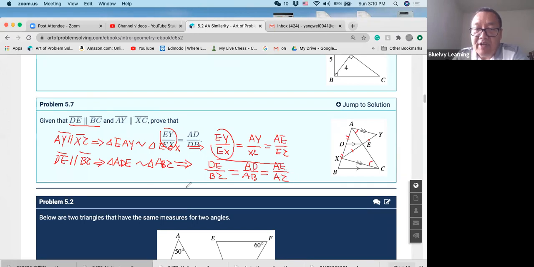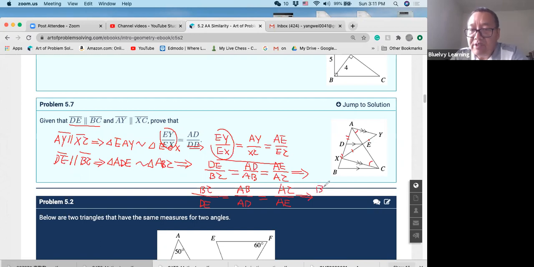Now from this, we can flip this ratio. We can write this one as BC over DE equals AB over AD, also equals AC over AE, right? Now we can also subtract one from each one.